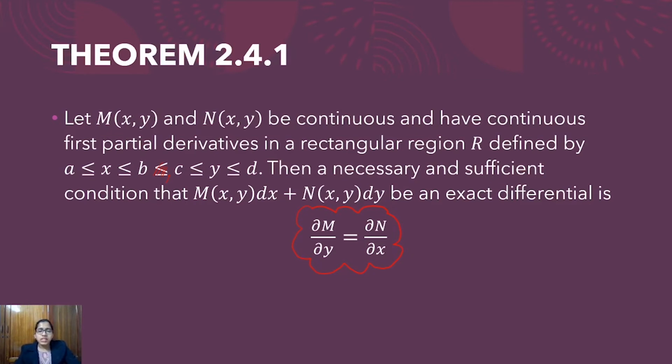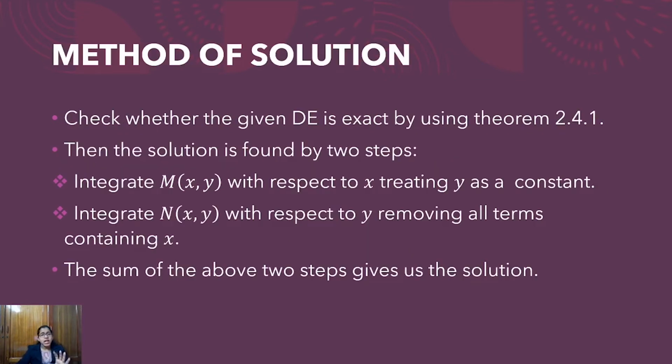So now we shall see how we can apply this to find the solution of a differential equation. Though we are mainly focusing on the solution of the given differential equation, suppose the differential equation is exact, then how can we find the solution of that differential equation?